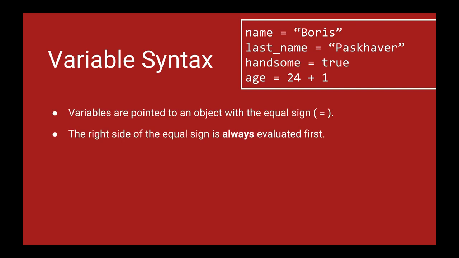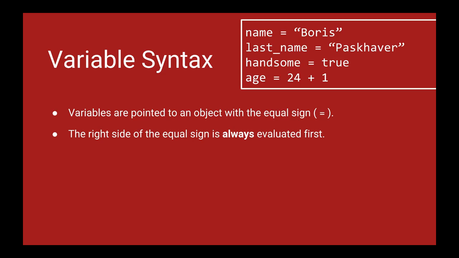The right side of the equal sign is always evaluated first. The only real example here that demonstrates this is the very last one. You can see we have age equal to 24 plus 1. What Ruby is going to do is evaluate 24 plus 1. It's going to give 25 as the final result, and that object, that number 25, is what the age variable is going to point to or reference. So whatever happens on the right side is always going to happen first.